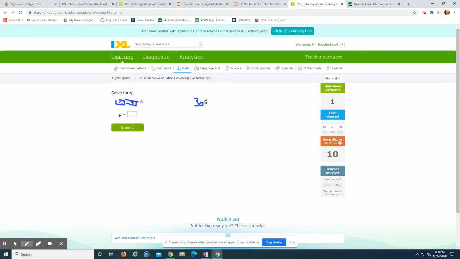So 8 plus negative 5 is 3G, equals 6. And then I just need to divide both sides by 3. And the 3's cancel. G is now equal to 2. Type that in there. Click submit.